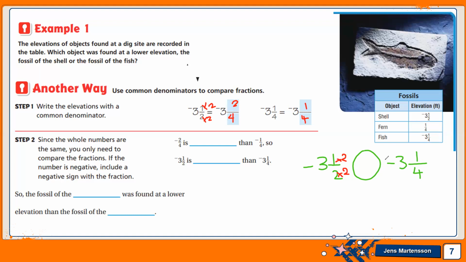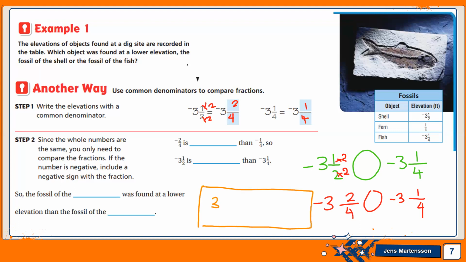Then next, I have -3 and 2/4 comparing with -3 and 1/4. I have 2 negatives. What do I have to do? The first step, write the numbers without the negative: 3 and 2/4 comparing with 3 and 1/4. Which is greater? Look at them here. 2/4 or 1/4?